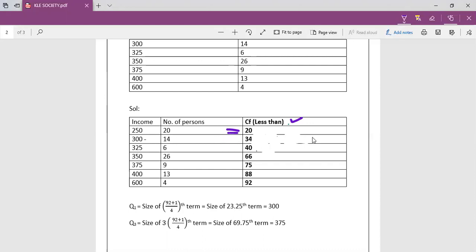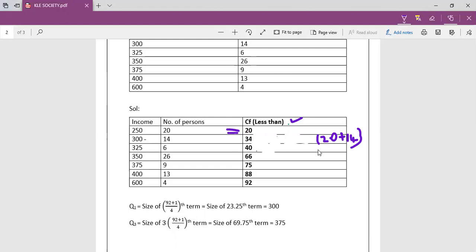With the second cumulative frequency value, you will add the preceding cumulative frequency value and the current frequency value. The current frequency value for your second cumulative frequency is 14 and the preceding frequency value is 20. So 20 plus 14 will give you 34.